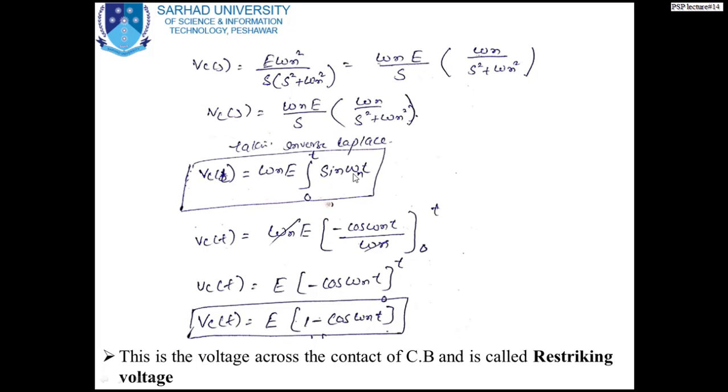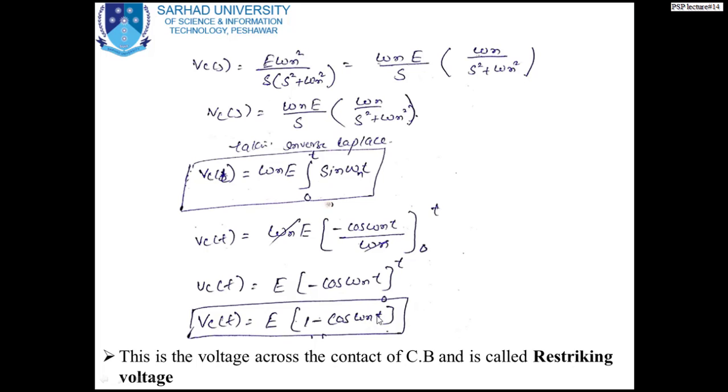Okay, so now if we take the integral of this, it will be equal to the integral of sine omega n t. So this will be minus cosine omega n t divided by omega n. This omega n cancels with this omega n. We have yet to put the limits. If we put the limits, we will get V_C(t) equal to E times 1 minus cosine omega n t.